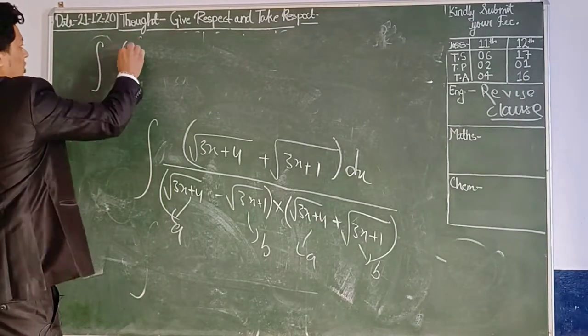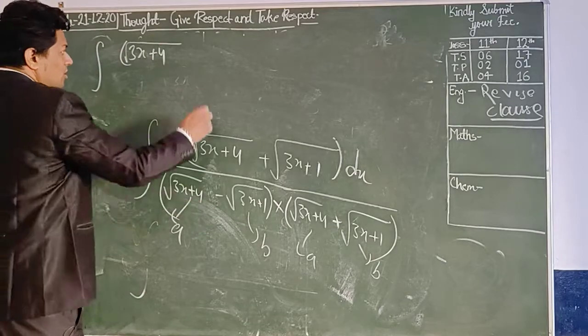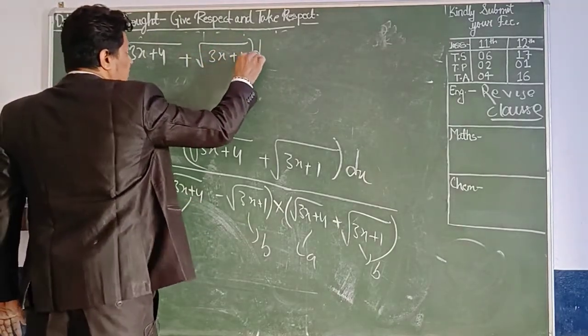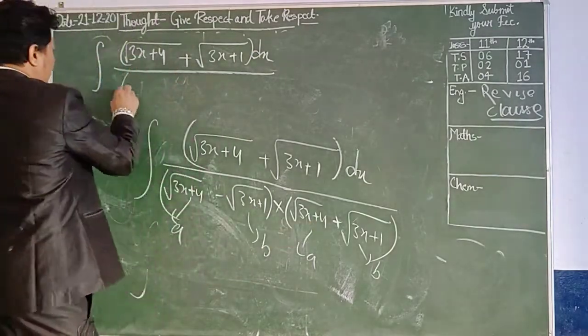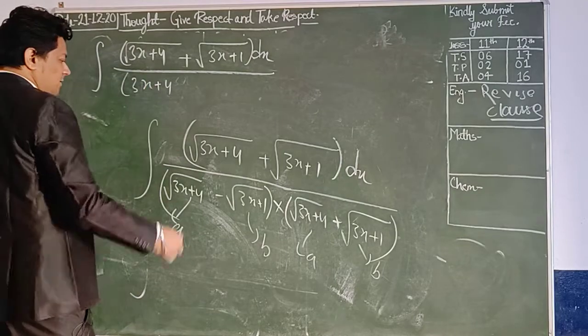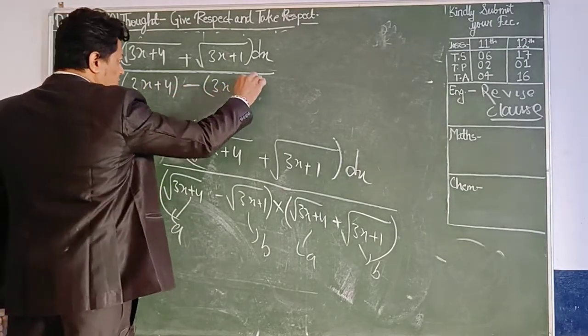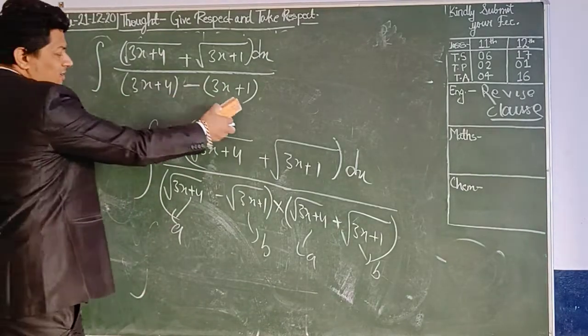Integration of root 3x plus 4 plus root 3x plus 1, dx, over a square, 3x plus 4, minus b square, 3x plus 1. Is it clear? A square minus b square.